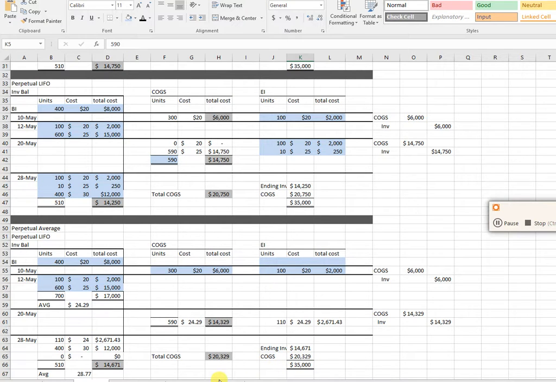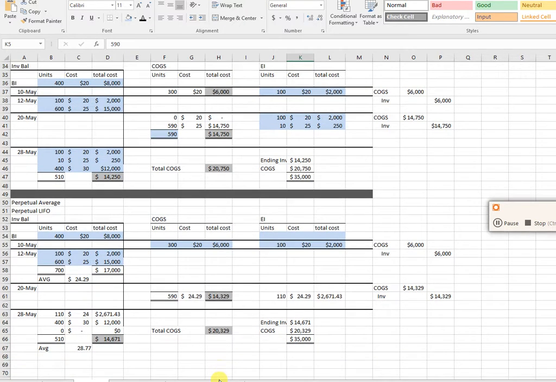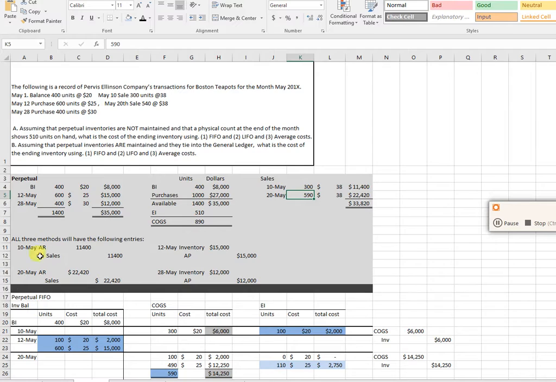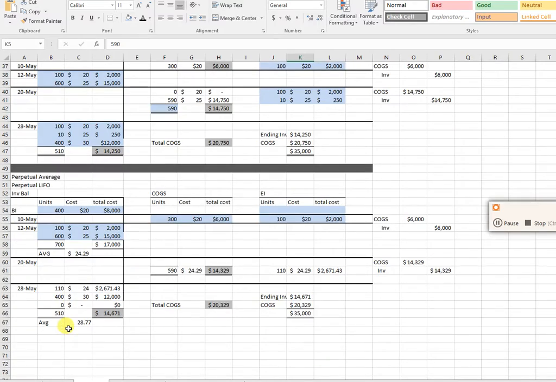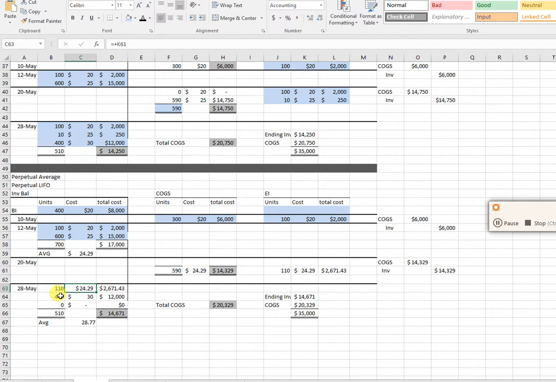So then my next one is I purchased an additional 400 at 30. So I have 110 at 24.29, coming right over from here.